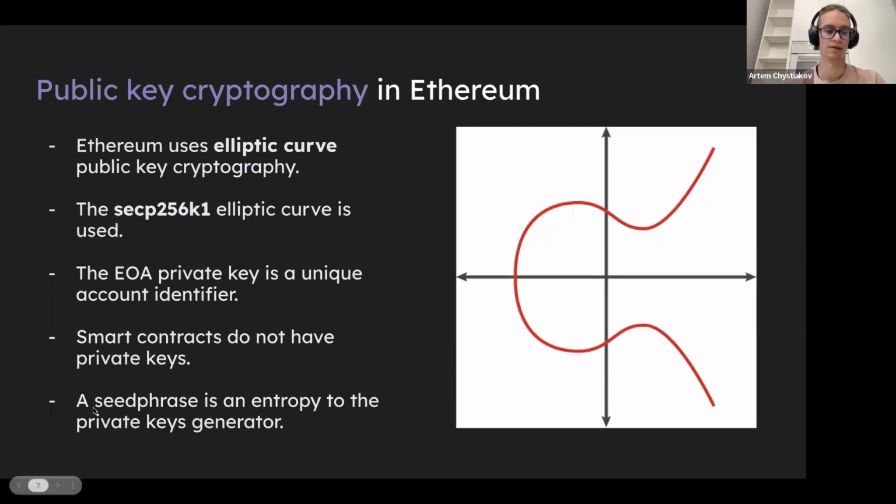And the seed phrase is built this way: there is a list of, I believe, 2048 English words, and the wallet just randomly chooses those words.